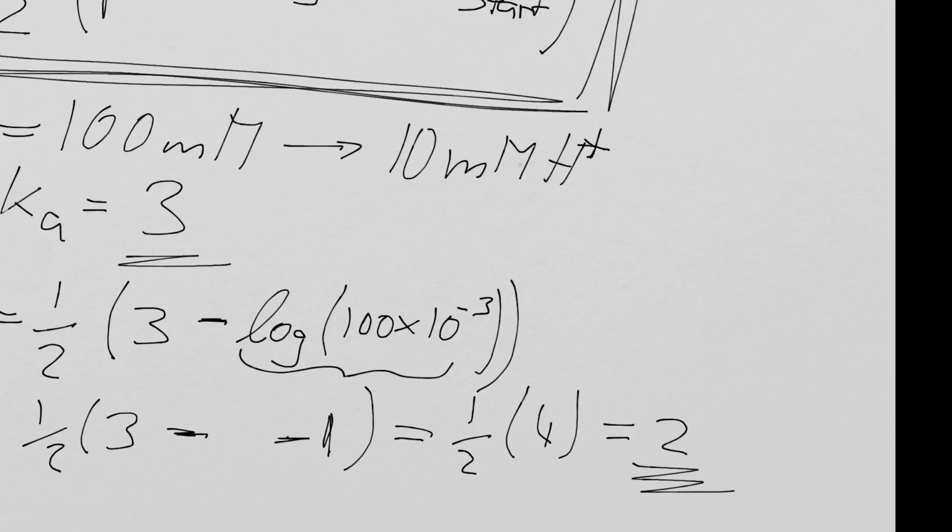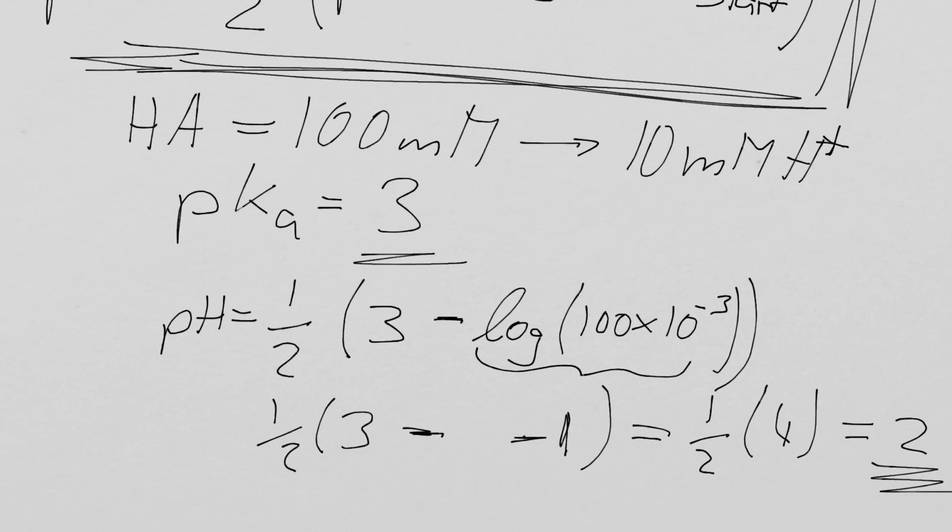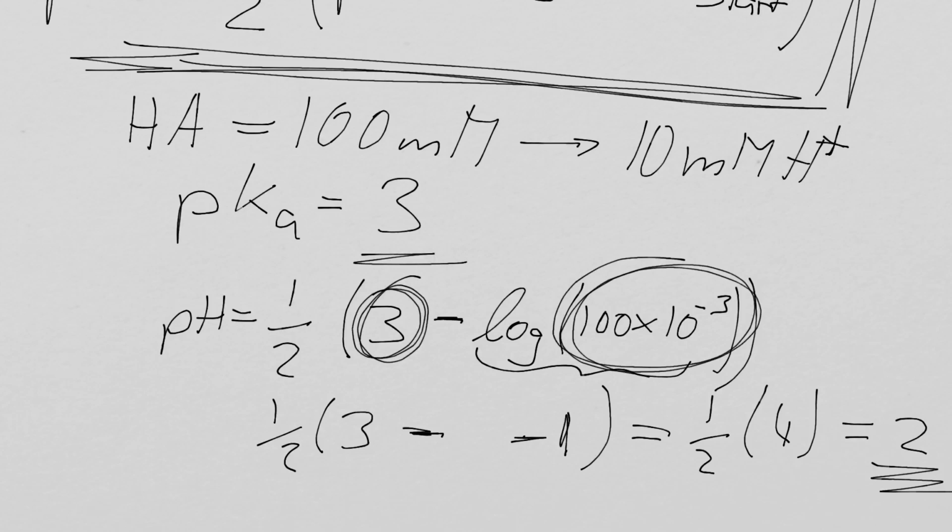And all we needed to calculate that was actually the pKa and our starting concentration. We didn't need any other information about that. Make sense? Of course, if we knew already how many protons we produce, then we could very easily convert that into a pH. We said we have 10 millimolar protons produced.